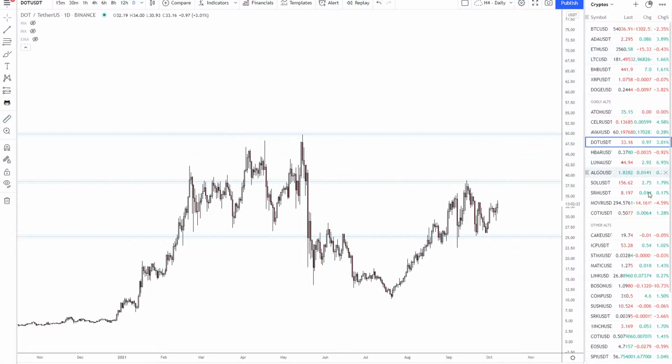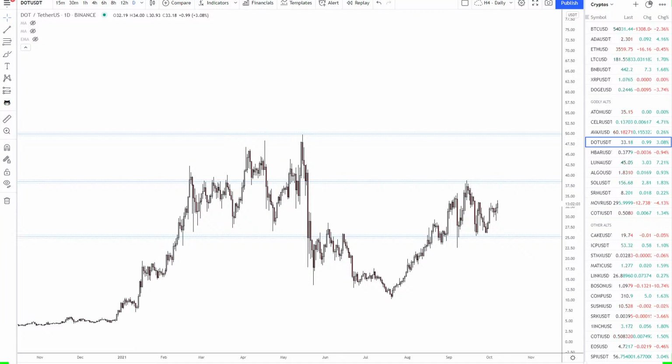That's more than double. And a lot of the smaller cap coins are going to do much bigger moves than that. So just something to keep in mind, guys. I think the alt market in crypto is really primed to take off here.